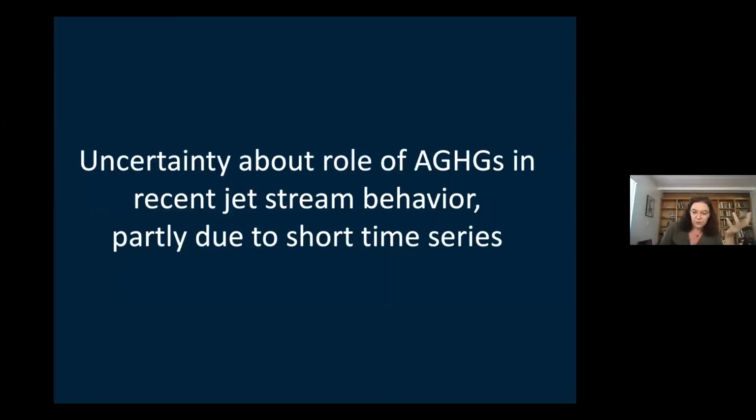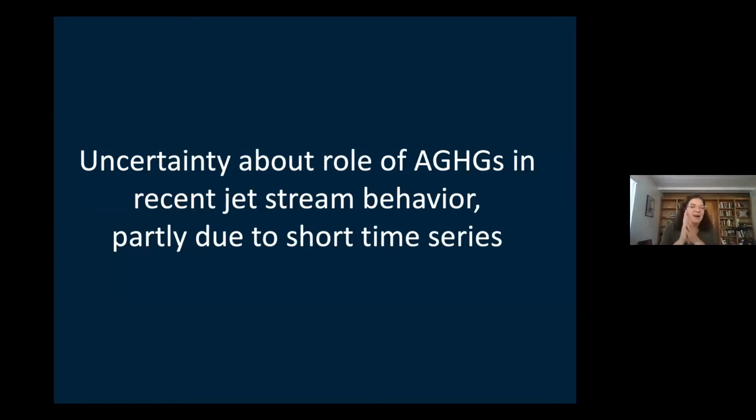One of the reasons why there is debate about this and uncertainty about the role of anthropogenic climate change and greenhouse gases in recent jet stream behavior is that we're working with very short time series, relatively speaking. The best way to study the jet stream is using satellite imagery, so the last 40 years at best.